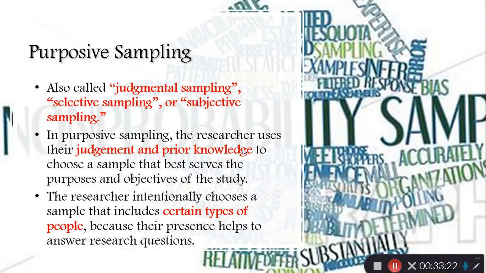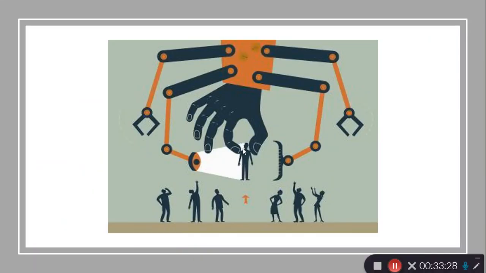So we are not randomly selecting individuals, we are selecting individuals for a purpose. I like this image here because it reminds me of the idea of cherry picking, right? We are literally reaching out to our target population and hand picking each individual that we would like to take part in our study. That essentially encapsulates this idea of purposive sampling.